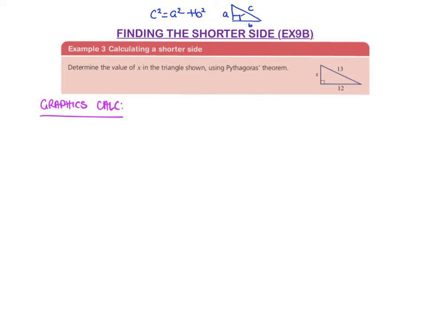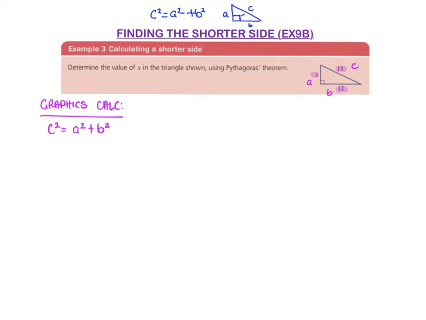So first of all, I see that it's a right angle triangle and they want me to find one of the sides. So straight up, I write the formula out, c squared equals a squared plus b squared, and I might label the diagram C, A, B. So that's what we did.